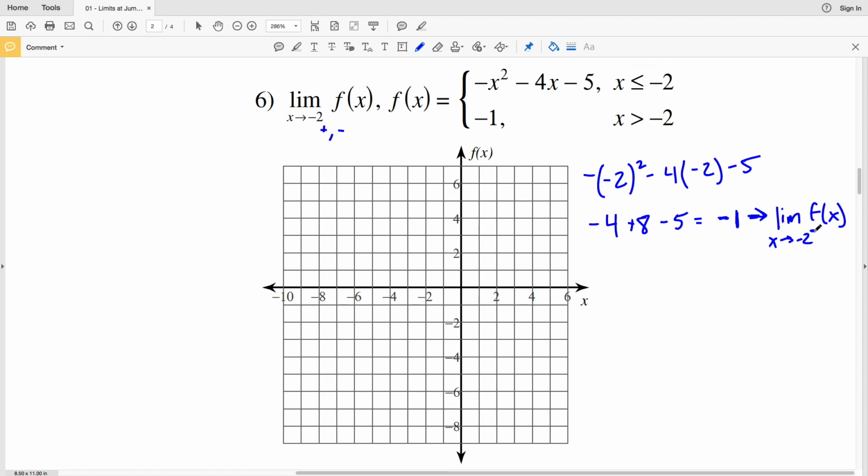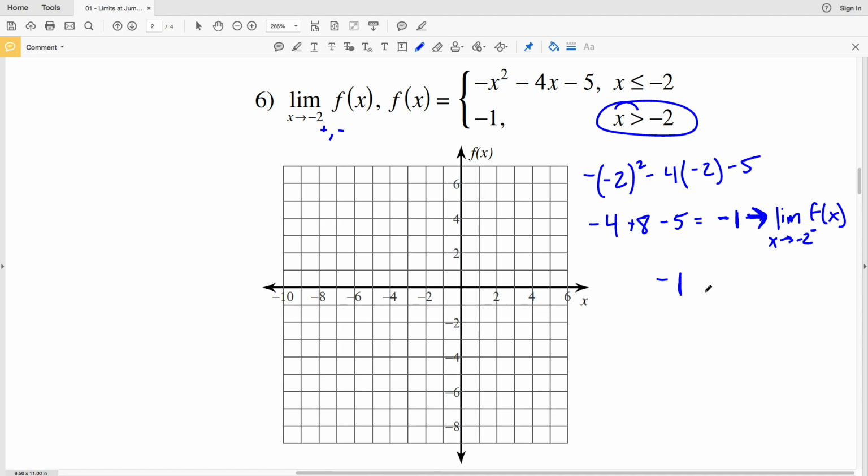And remember, this is the limit of f of x as x is approaching -2, our a value, from the left. Now, in order for the limit of f of x as x approaches -2 to exist, the limit coming from the right also needs to be equal to -1, which we can see is true because f of x is equal to -1 for all values where x is greater than -2. So because it's a constant, -1 is the limit for all values where x is greater than -2.